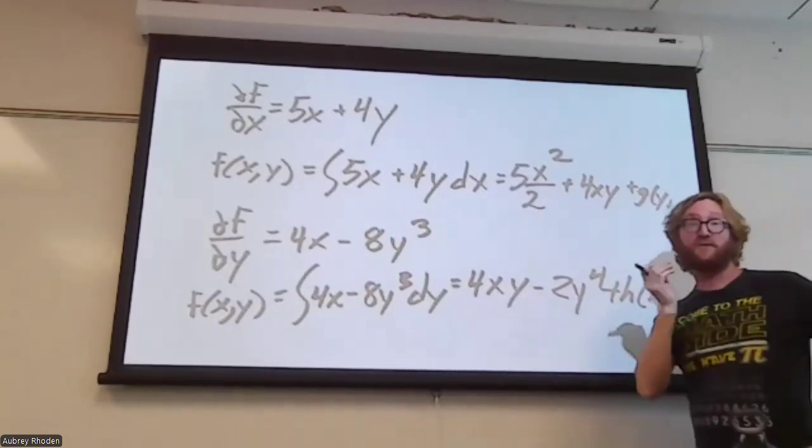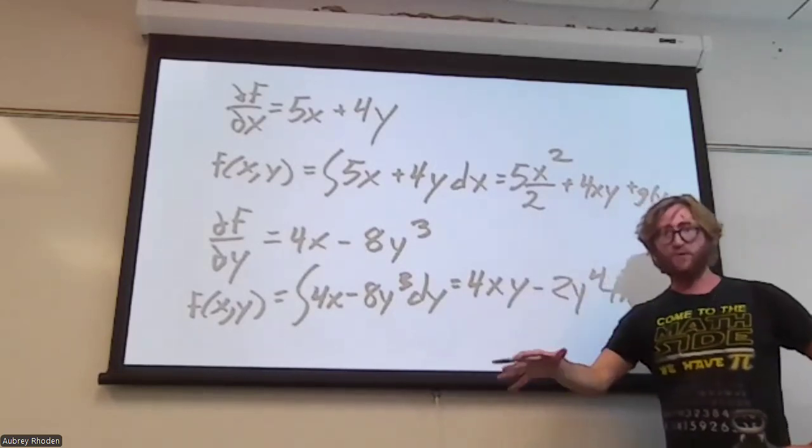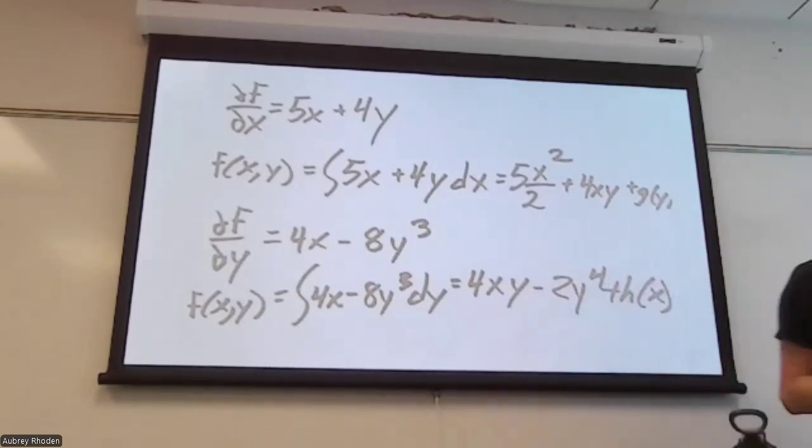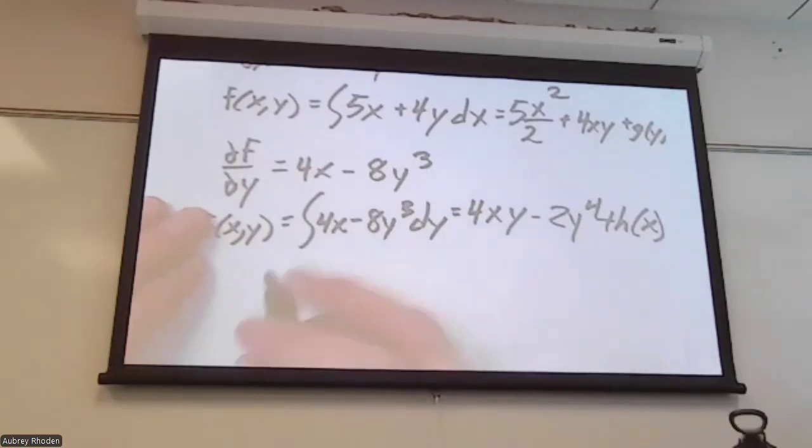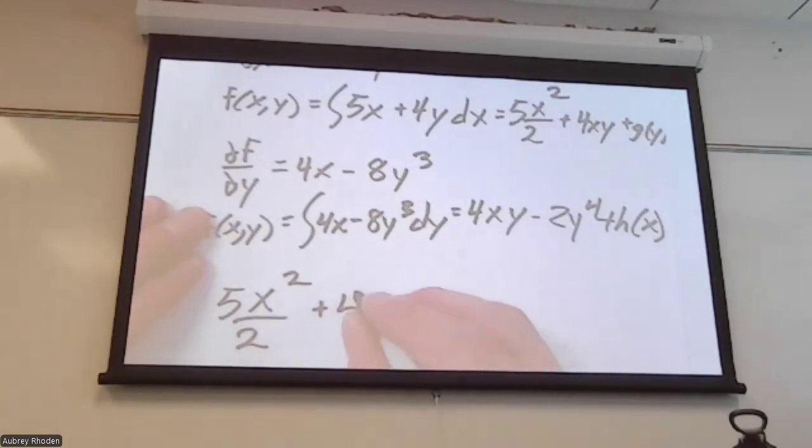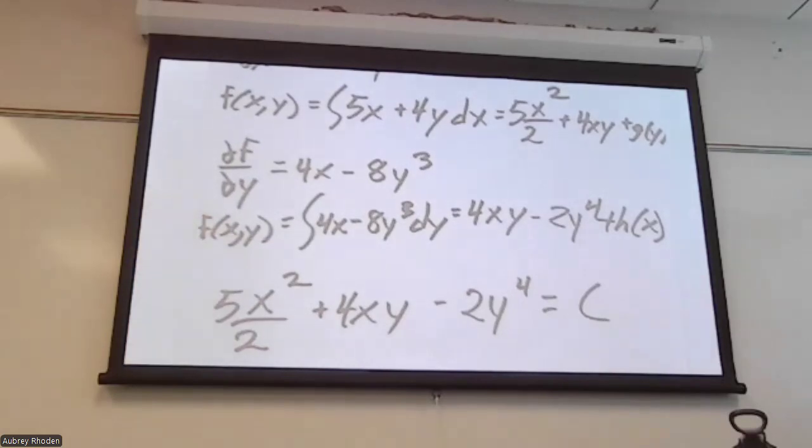So if I was going to write down the full solution, the full f of x, y for this problem, I need to account for all of that. So the solution to this problem is going to be 5x squared divided by 2 plus 4xy minus 2y to the fourth, and that's going to equal some arbitrary constant.